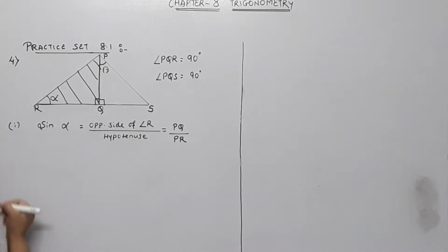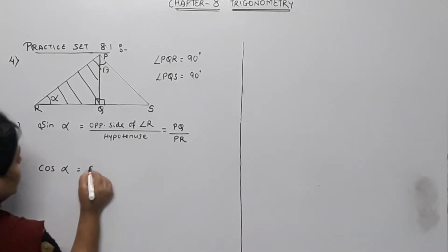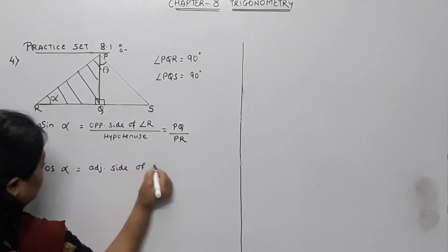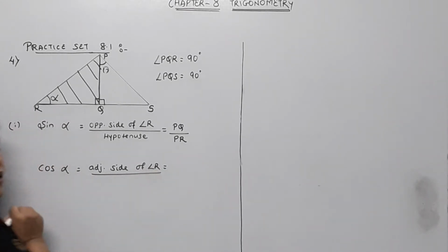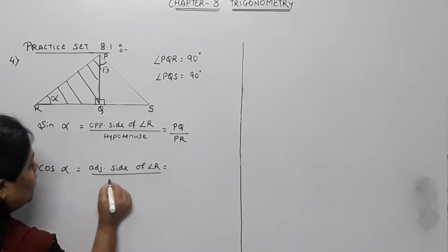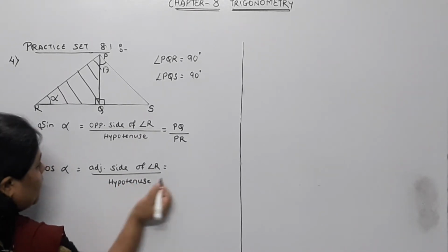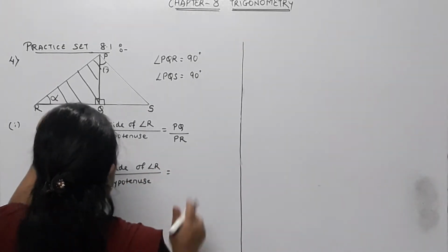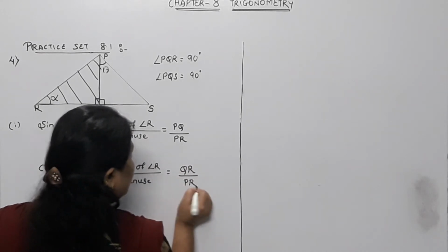Then we'll move ahead for cos alpha. Cos alpha is adjacent side of angle R upon hypotenuse. So it will be what? Adjacent side is QR upon hypotenuse PR.